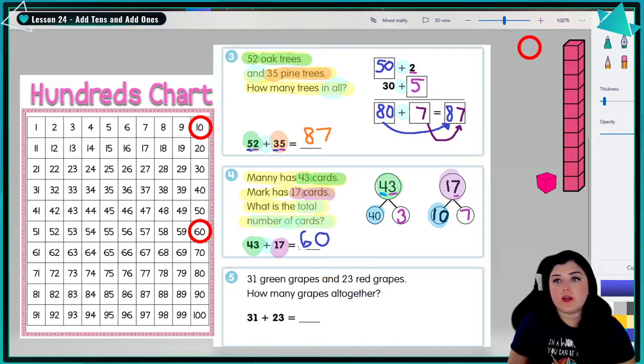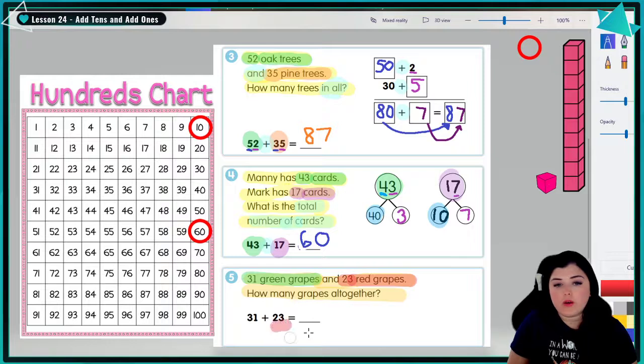Next, I'm going to look at the question that says 31 green grapes and 23 red grapes. How many grapes all together? 31 is one of my parts. 31 is the number, green grapes is the object. 23 is the number, red grapes is the object.